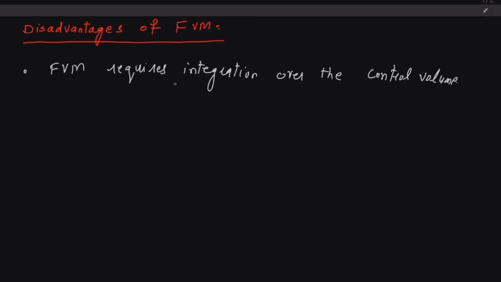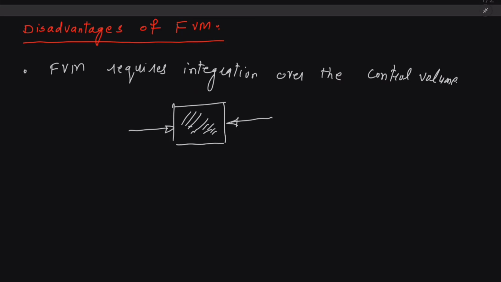And we have to compute, for example, the integration over the volume, as well as we have to compute the fluxes. For example, if we have some geometry, we compute the fluxes at the faces, and in this volume we use integration. So finite volume method is based on integration technique.